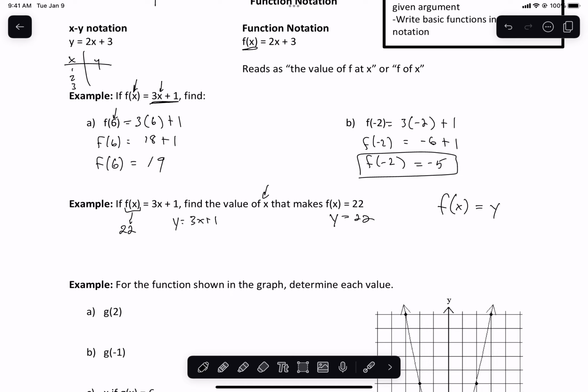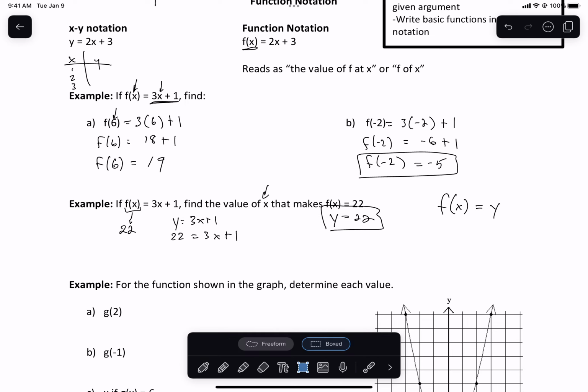Everyone agree? That's all this is saying. It's just a different way of writing it. So it told me what y is, so I'm going to replace it with 22 is equal to 3x plus 1. And then you can solve for the thing that's missing.